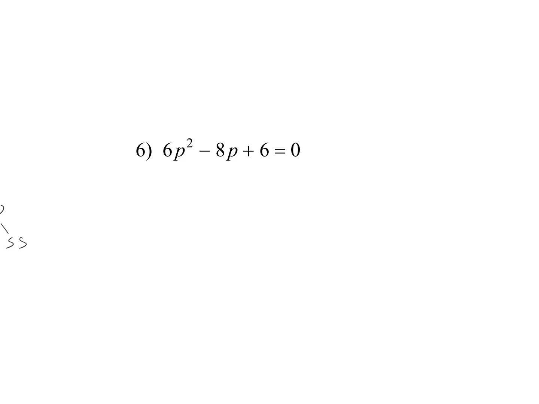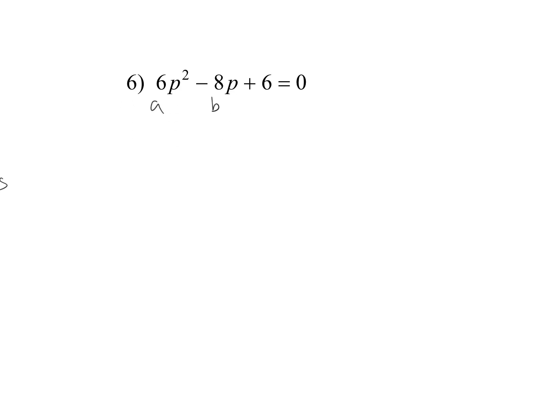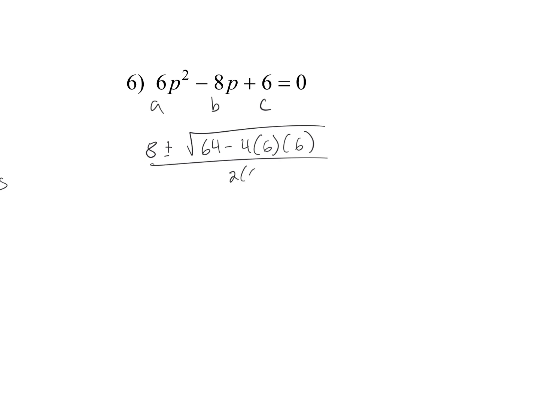So 6, again, our A, our B, and our C. It's going to be -B, so negative, and then a -8 will turn it into a +8. Plus or minus the square root of B squared. It's going to be 64 minus 4AC over 2 times 6.